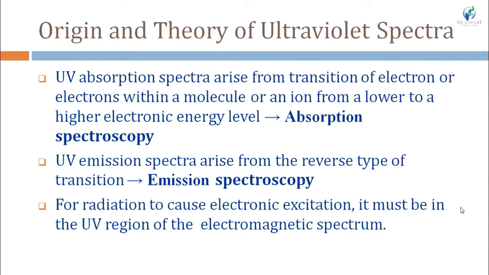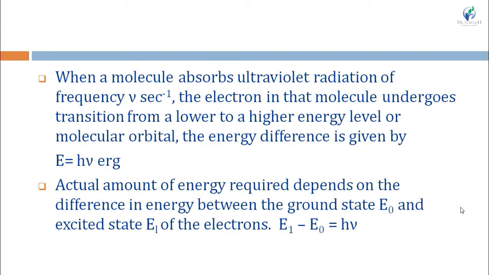And obviously, for a radiation to cause electronic excitation, it must be in the UV region of the electromagnetic spectrum, which means it must have a wavelength of 200 to 400 nanometer. Now, when a molecule absorbs UV radiation of frequency mu second inverse, the electron in that molecule undergoes transition from a lower to a higher energy level or molecular orbital.